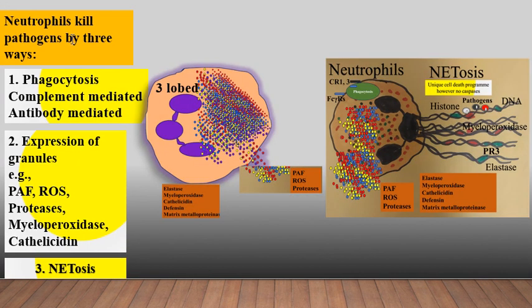Neutrophils kill pathogens in 3 ways. First, phagocytosis. It is either complement mediated or antibody mediated. And as can be seen here, this is a neutrophil.